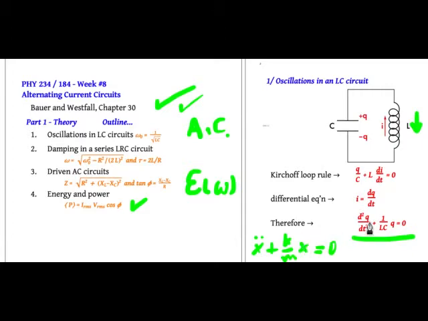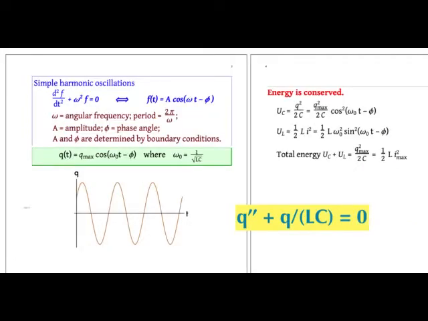You see, it's the same equation, the position being replaced by the charge on the capacitor. So here's the equation we have to solve. Q double dot, or Q double prime, second derivative of Q, plus 1 over LC times Q, or Q over LC, is equal to 0.